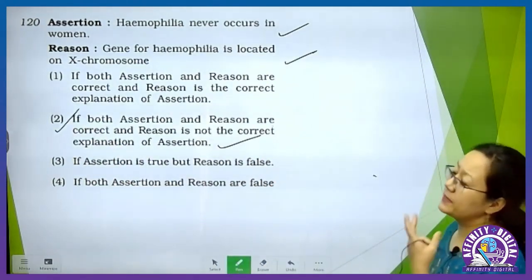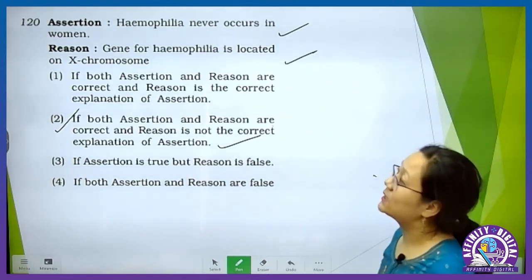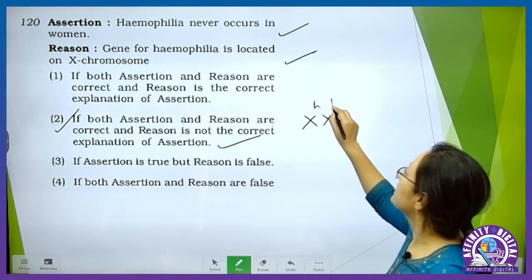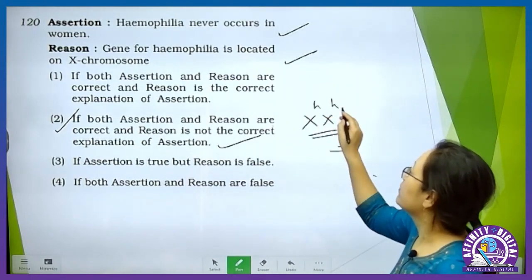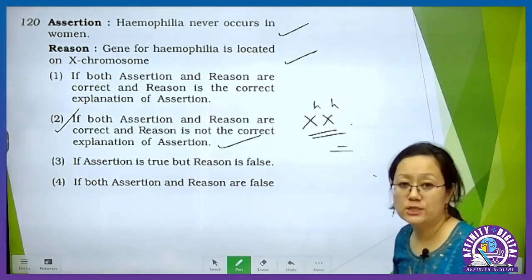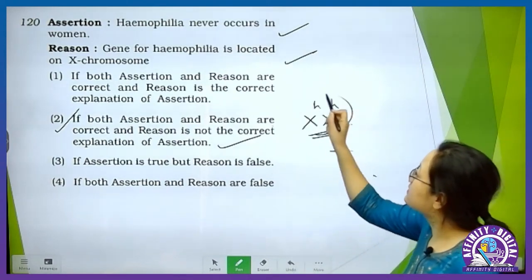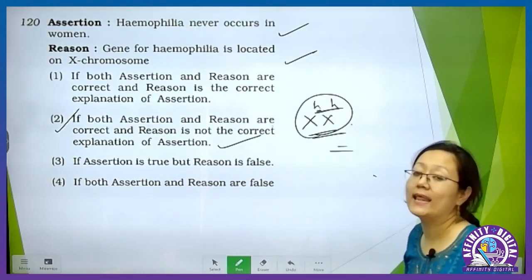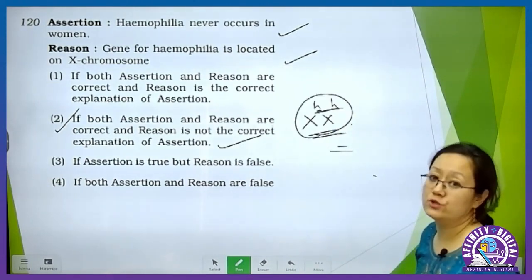Actually, for a woman to have hemophilia, the hemophilic gene should be located on both X chromosomes. And when the hemophilic genes are in a homozygous condition, they are lethal. That means it leads to death of an individual.